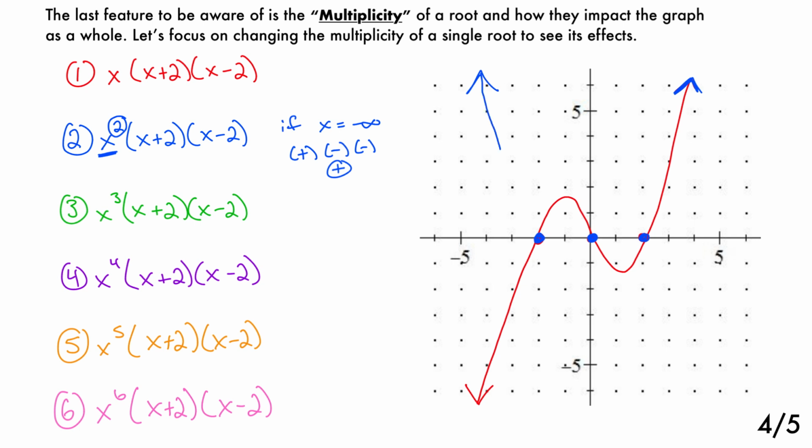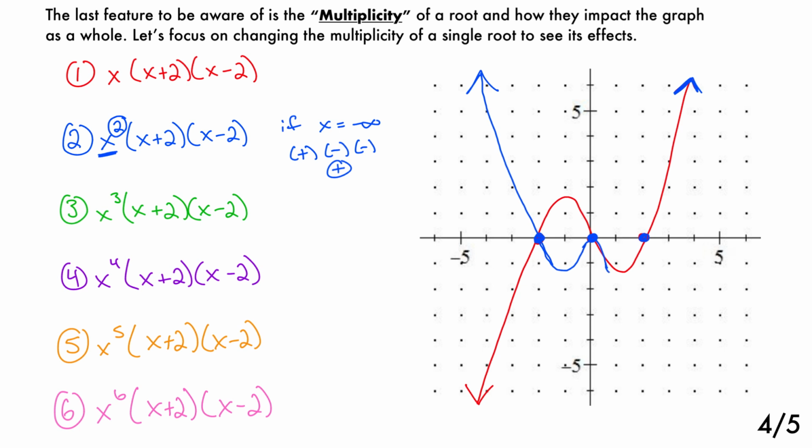When I go through the first x-intercept, nothing weird happens. I just go straight through it. What changes, however, is the root where the multiplicity is 2. At that value, which is right here, I am still going to hit that number, but because the multiplicity is 2, we're actually going to bounce off. We're not going to go completely through it.